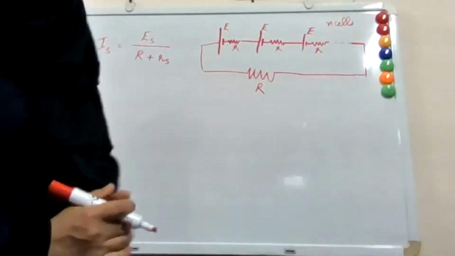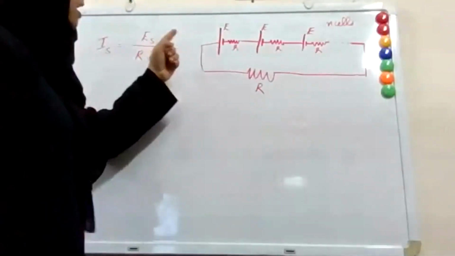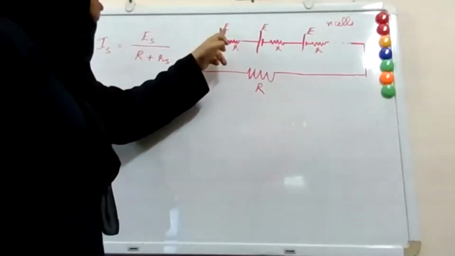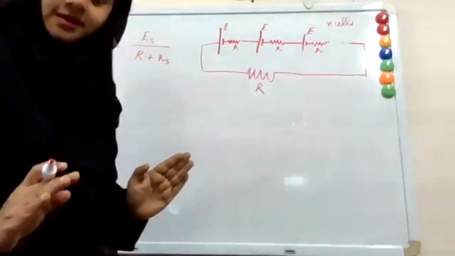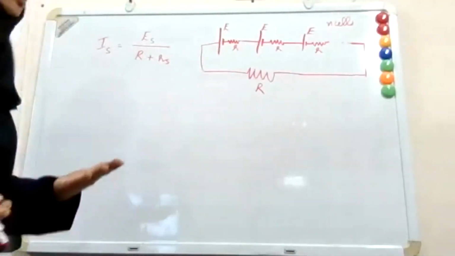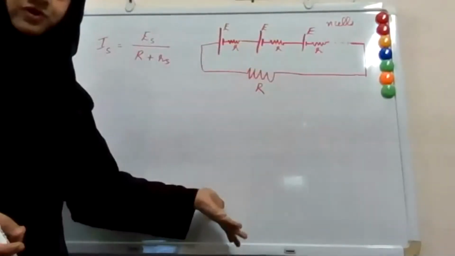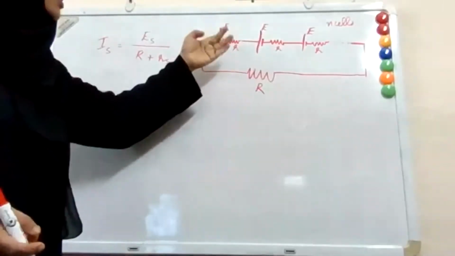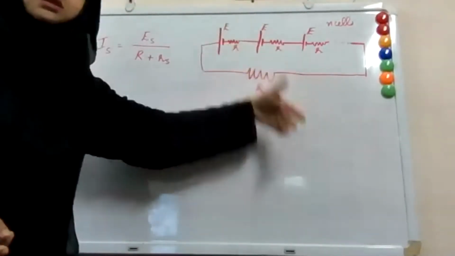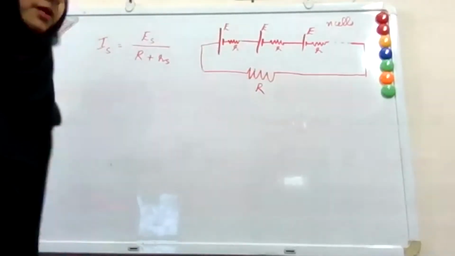The EMF value of every cell will be the same in the same circuit. Yes. Because I told the case when all the cells are identical. In this year, you are not learning what will be the case if each cell is different. For grade 12 level, you have to learn only what happens if all the cells have the same potential. Okay? Okay, teacher.